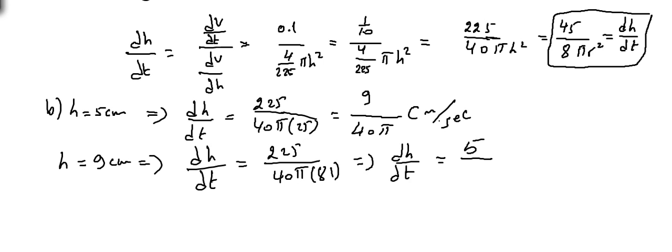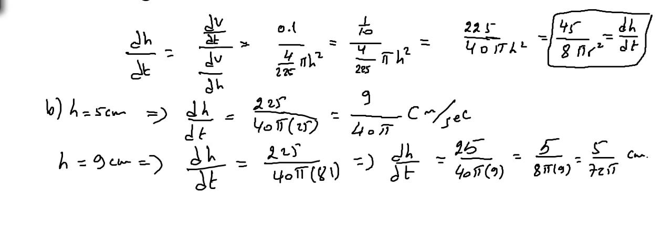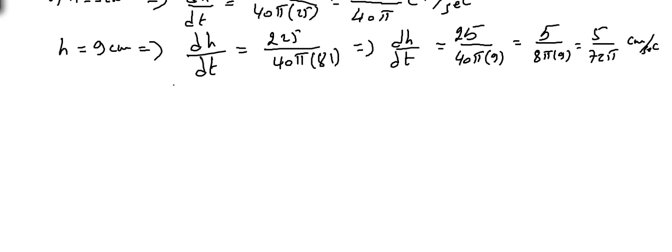Divided by 9, it will be 25, right? 25 over 40 pi times 9. We can divide by 5 now. It's 5 over 8 pi times 9. So the final answer is 5 over 72 pi. Also, it's in centimeter per second square. Per second, sorry. Now part C.